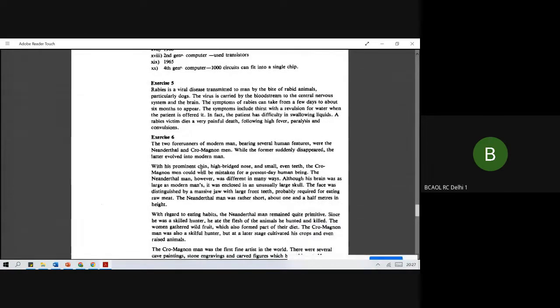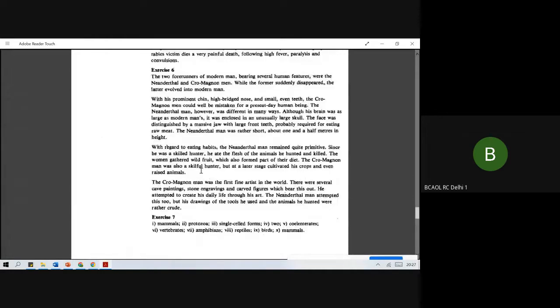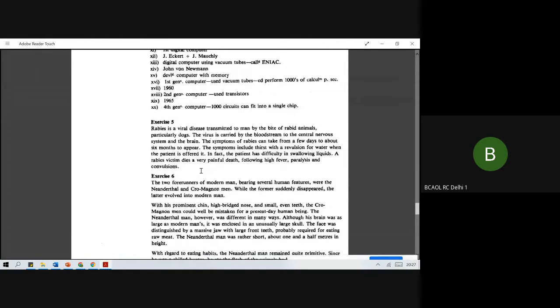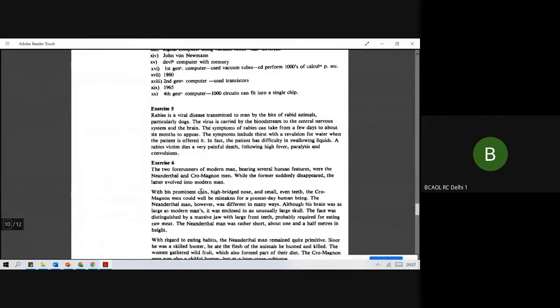If you see page number 58 from Unit 4, Unit 22, these are some examples or extracts, reviews talking about human history.